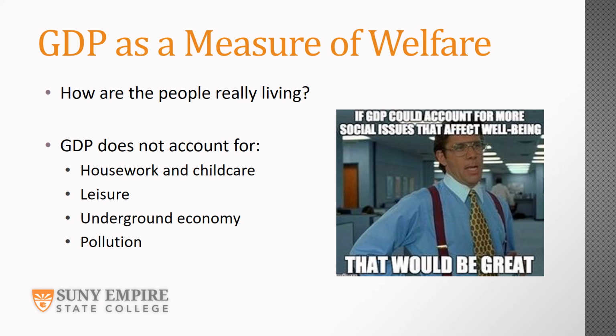Included among those factors are housework and childcare, especially if done at home, leisure time, any underground economy, and levels of pollution. Overall, the gross domestic product measures the economic health of a nation, not the nation's people.